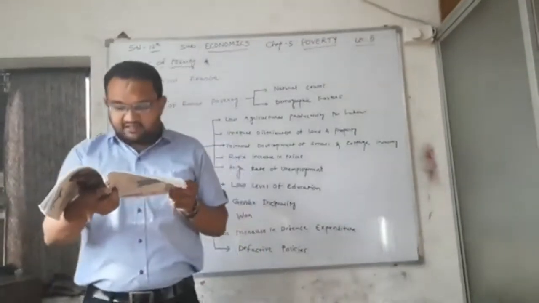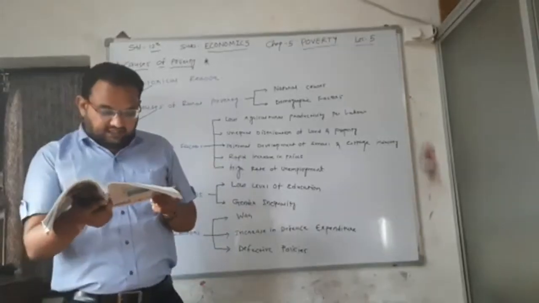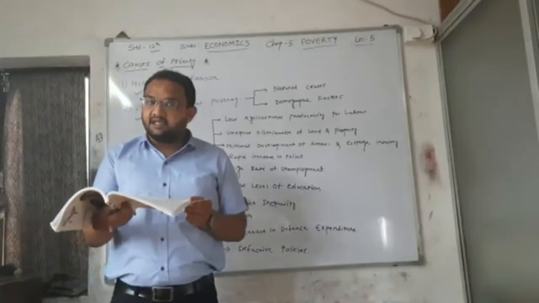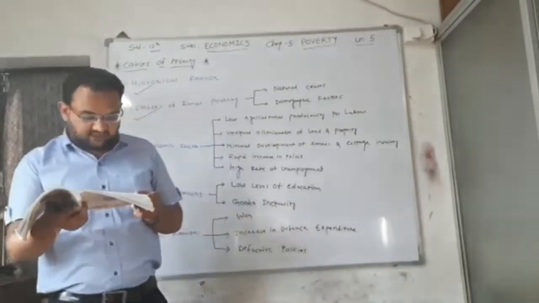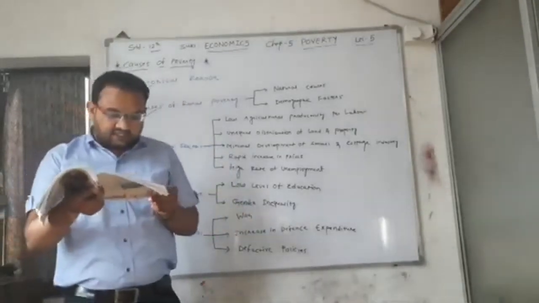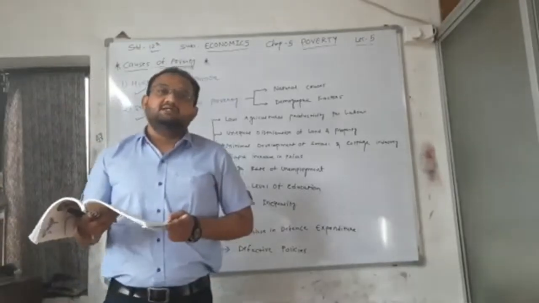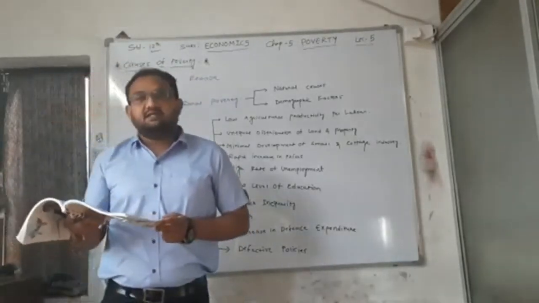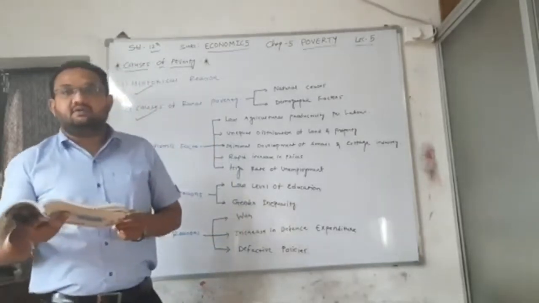So they were under the pressure of debt and interest on loans given by zamindars, moneylenders and big businessmen. Cultivators started losing land because zamindars took the majority of their crop as a tax from the farmers.